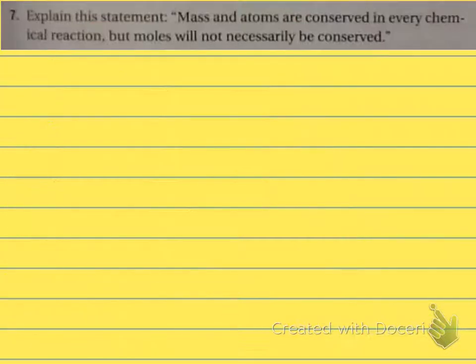Number 7, explain this statement. Mass and atoms are conserved in every chemical reaction, but moles will not necessarily be conserved. Again, mass and atoms have to be conserved because of the law of conservation of mass.